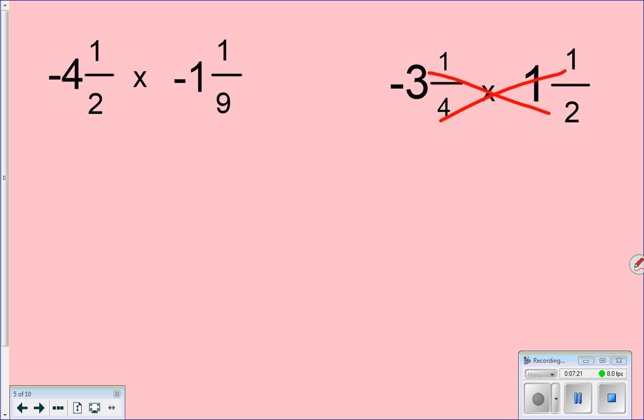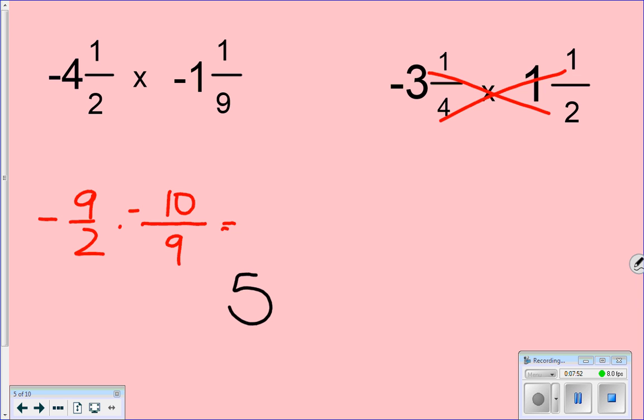There's a lot of reducing that can go on in that one. Yeah, it should. Reduce, reduce. Yep. What should you get? A positive 5. Nice work. Any questions on how to do this? Because you're going to have to do this in your homework today.